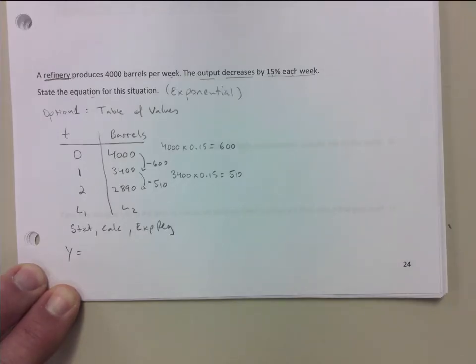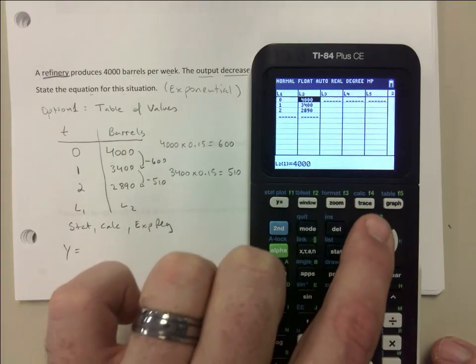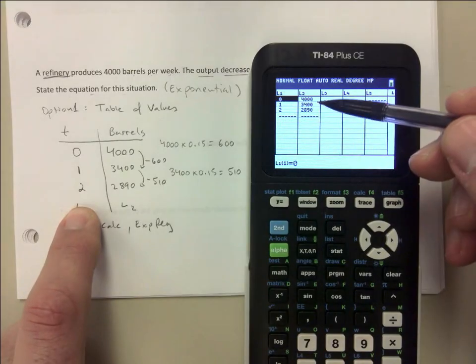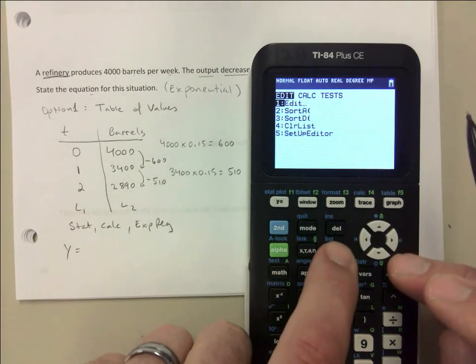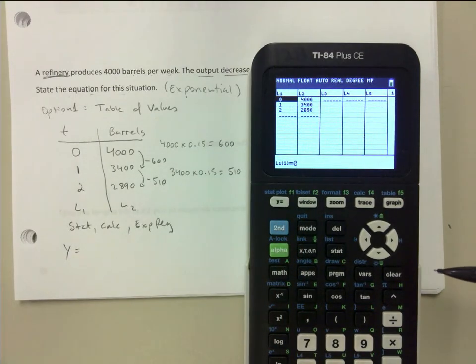I could have known this. So let's try this. Stat, edit. I already entered all of this. So you go stat, edit, L1, L2, and you enter those points.